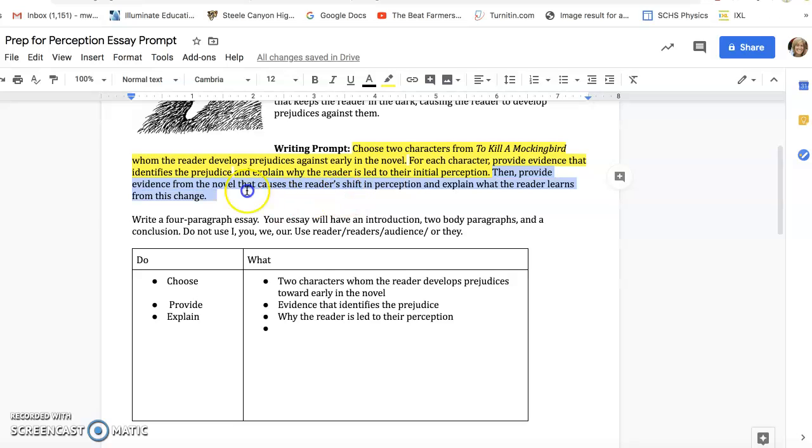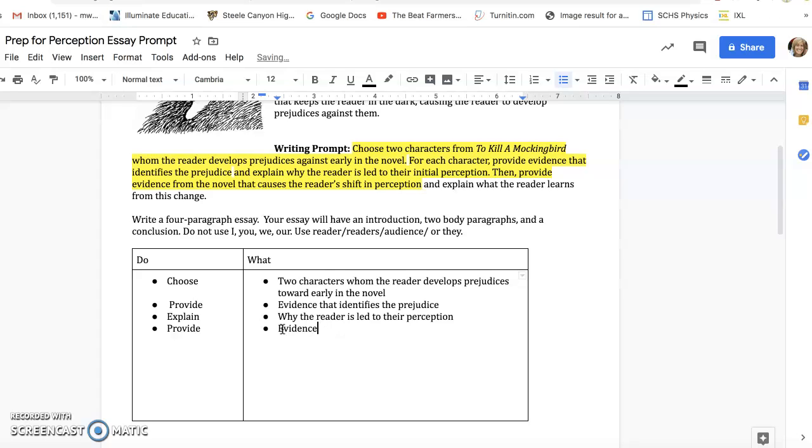And then it says, then provide evidence from the novel that causes the reader's shift in perception. Okay. So it says provide. And then what are you providing?